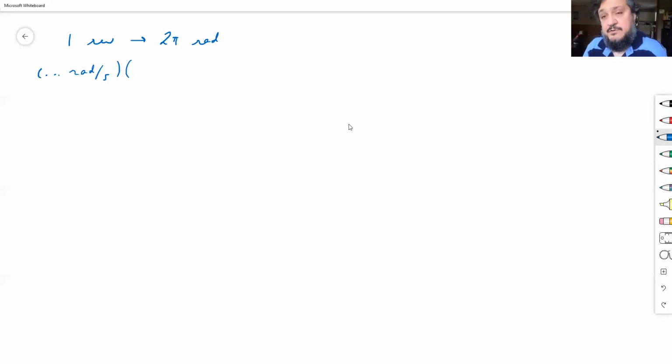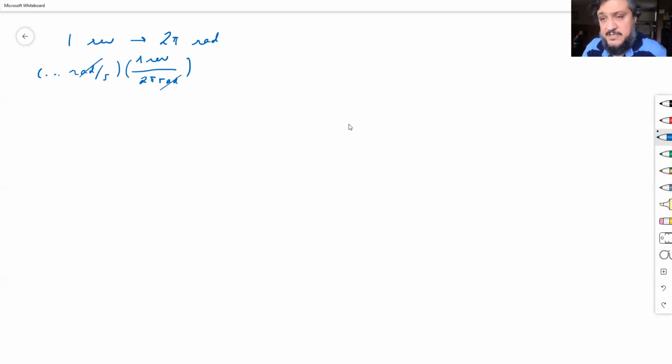Just multiply this by the conversion factors. So 1 revolution is 2 pi radians. Now this radians will take care of that.